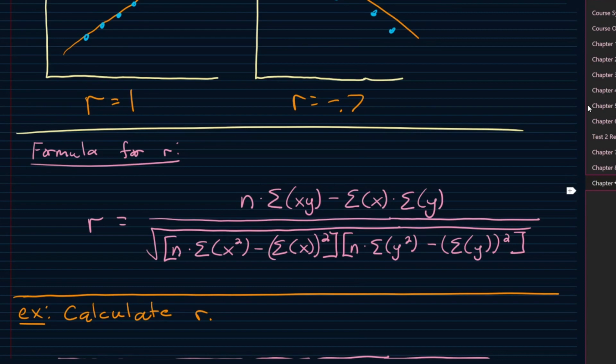Then in the denominator, I see a summation x squared, so I know I'm going to need a column for x squared to figure out that sum. And I also see a sum of y squared, so we're going to need that column as well. So we should have x, y, xy, x squared, and y squared for our columns here to enable us to plug the information into the formula most efficiently.